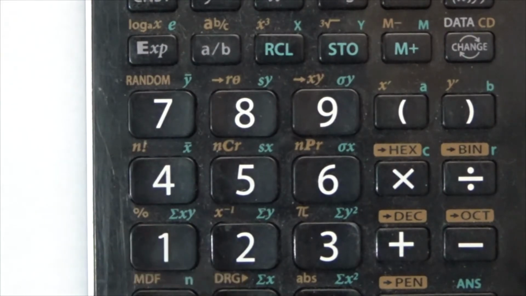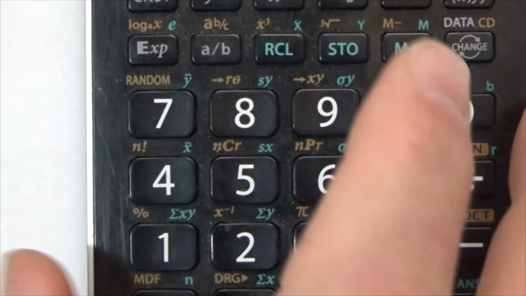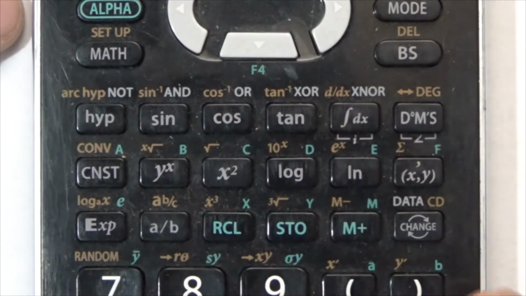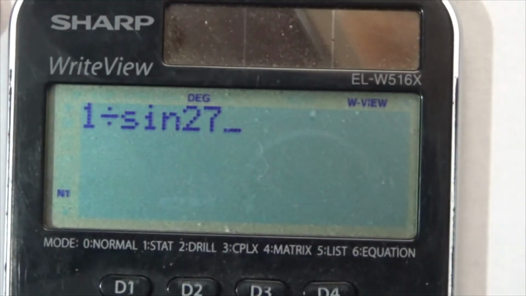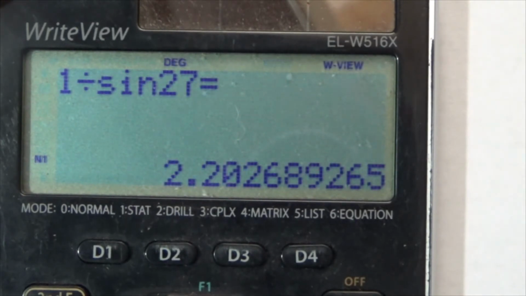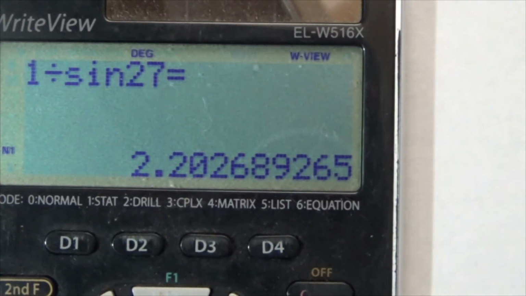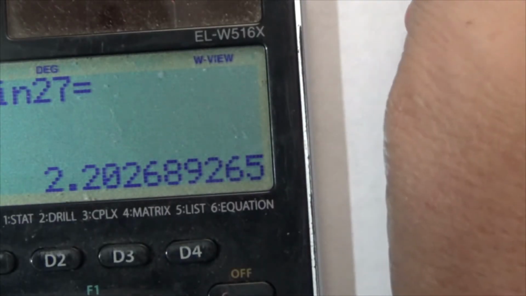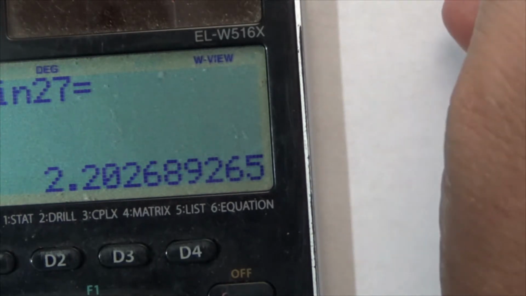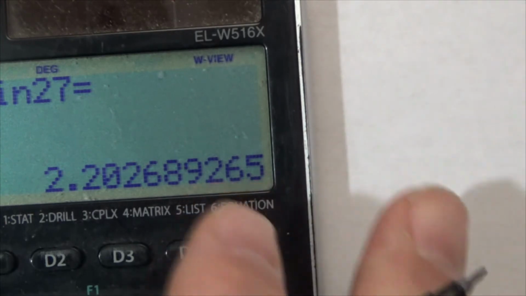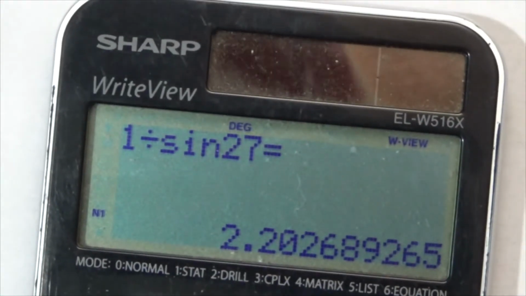I'll just hit 1, and then hit the divide sign, and then I will hit sine 27. And this is what it looks like on my calculator. And then I will hit enter, and it is 2.202-ish. So I will round that to 2.203. All right.